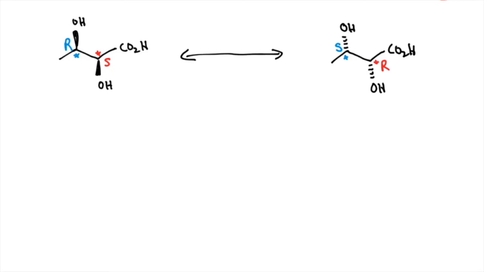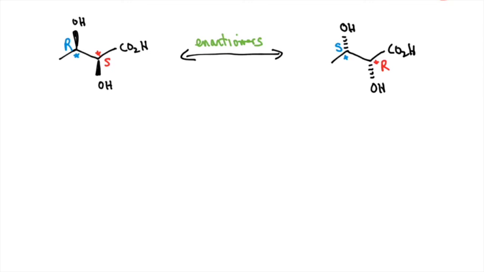If you were to compare these two molecules, you would find that they are non-superimposable mirror images, and so they are enantiomers. Indeed, as you go from the first molecule to the second, you change the configuration at each and every stereocenter. So what was R becomes S, and what was S becomes R. Every single stereocenter changes.